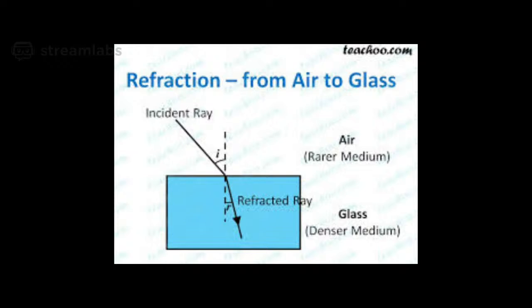The ratio of the sine of the angle of incidence to the sine of the angle of refraction remains constant. Otherwise, the ratio of sine of angle of incidence and sine of angle of refraction is constant.